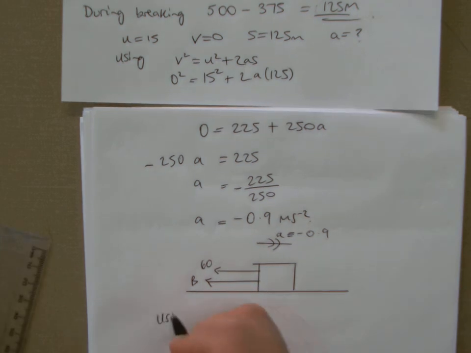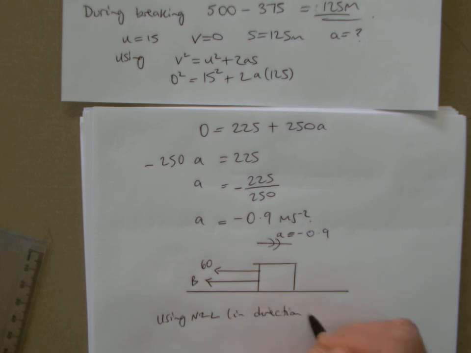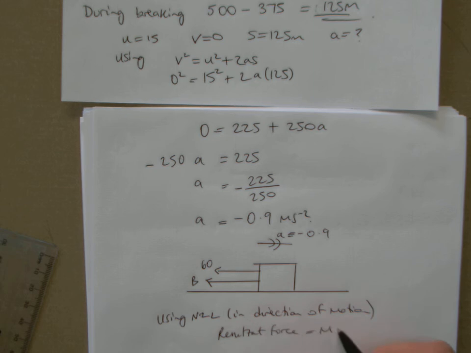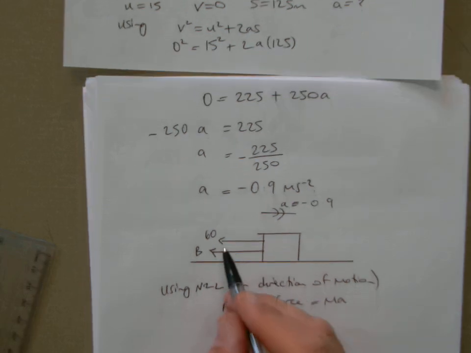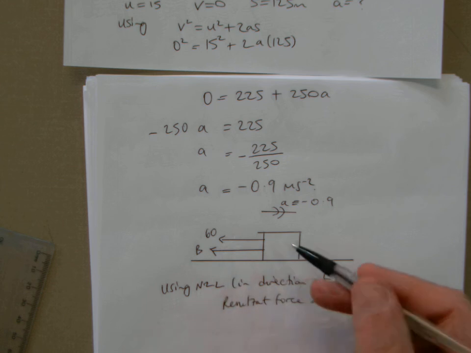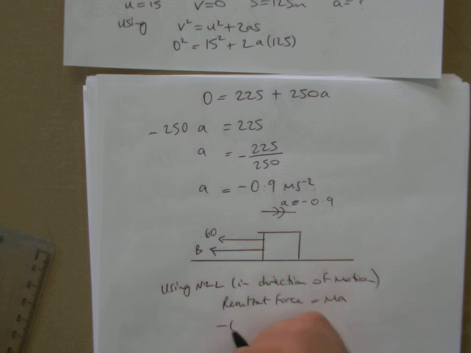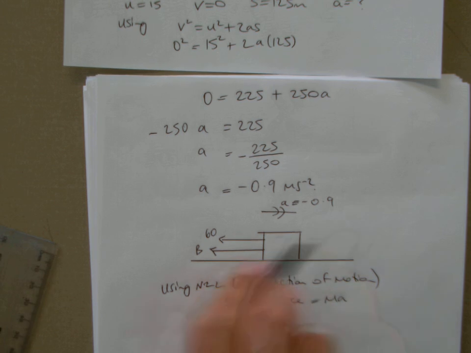So, using Newton's second law, in the direction of motion, the resultant force equals mass times acceleration. Well, the resultant force, there's these two, but they're opposing the direction of motion, so it'll be minus 60 minus B. There's nothing going that way because the engine switched off.